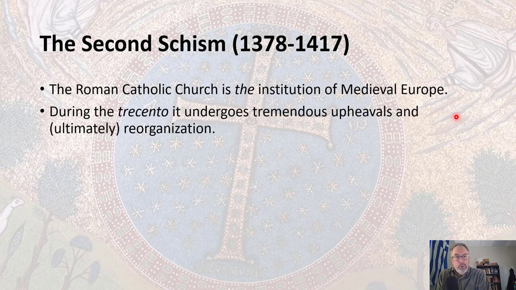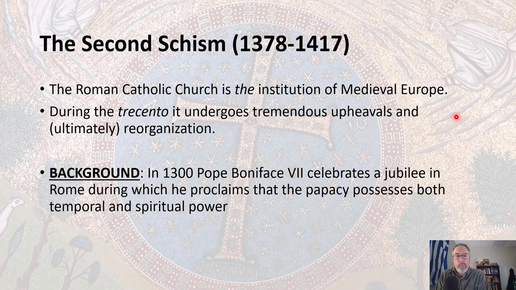But it's during this Trecento, these 1300s, that it undergoes tremendous upheavals and ultimately a reorganization, which, at the end of this, you'll see, starts to move us towards a more democratic type of approach to not just the church, but to culture in general.